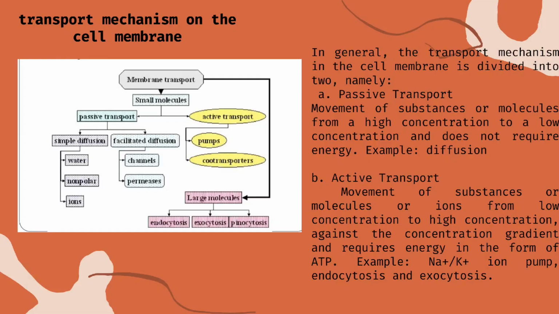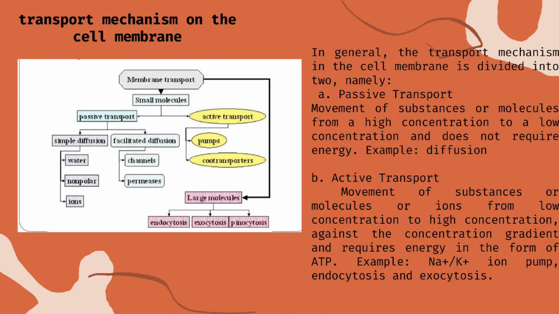Cell transport is one of the important functions of the plasma membrane. In general, the transport mechanism of the cell membrane is divided into two, namely passive transport and active transport. Passive transport is the transfer of substances or molecules from high concentration to low concentration and doesn't require energy.